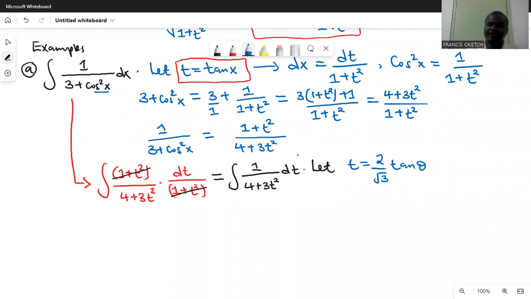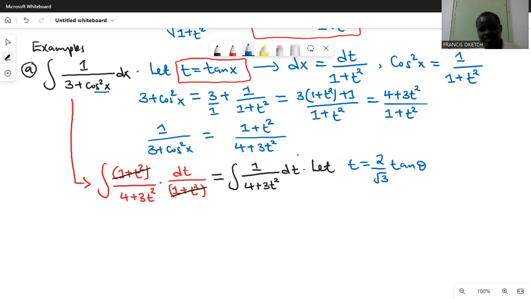I hope I've explained how to get that. We wanted 1 plus something, so I had to first of all factor out 4 so that we have 1 plus 3 over 4 t squared. So the 3 over 4 t squared is what you say, let that be equal to tan squared theta. And then you make t the subject. So when you do that, you're going to get t is equal to 2 over root 3 tan theta.